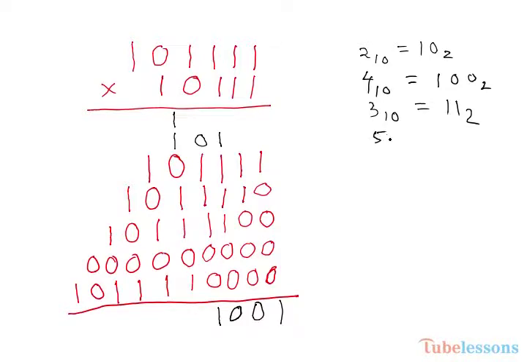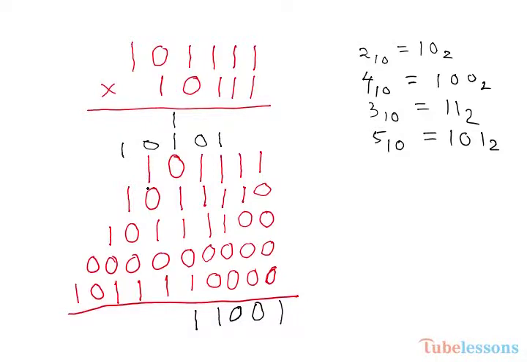Decimal 5 is equivalent to binary 101. Let's put that 1 here. 0 will be carried forward to this column and 1 will be carried forward to this column.